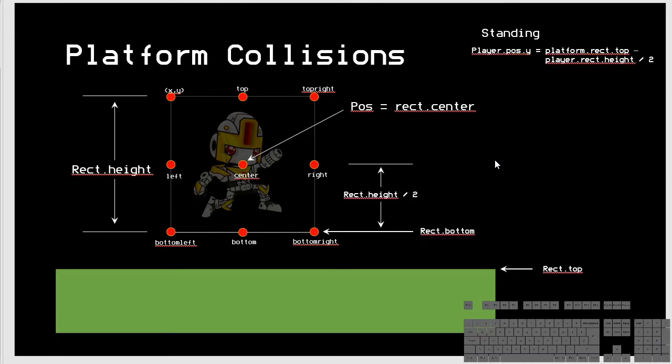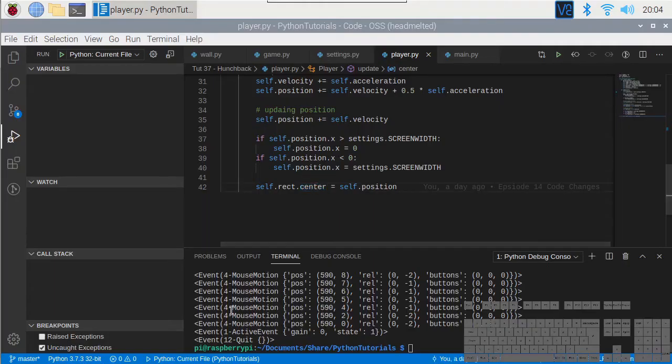Or we can make life really simple and say, why don't we just make the bottom it? So that becomes the new equation: player.y is going to equal the rec top. So we need to change our position equals rec center to position equals mid bottom. I hope that makes sense. So let's do that. We don't want center.